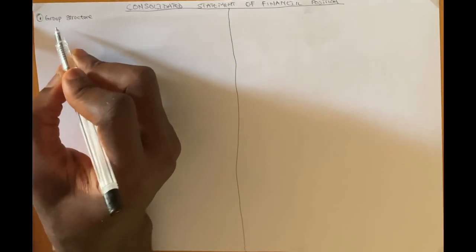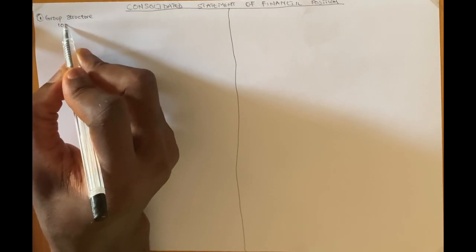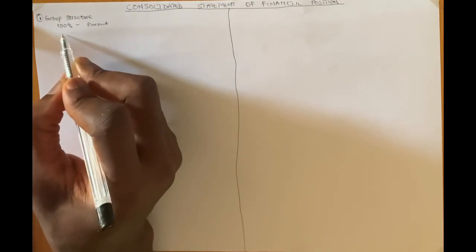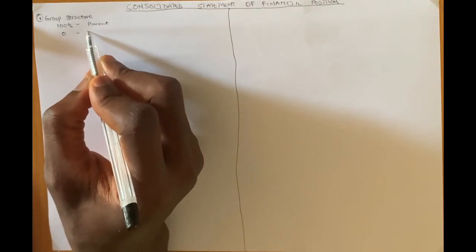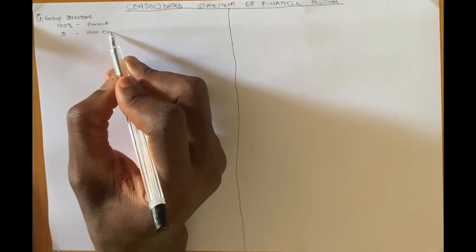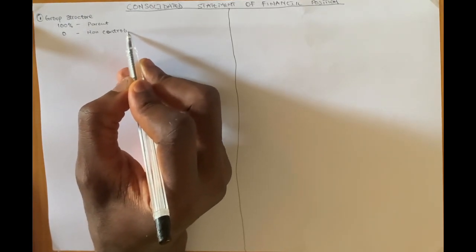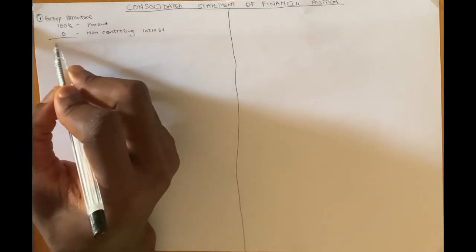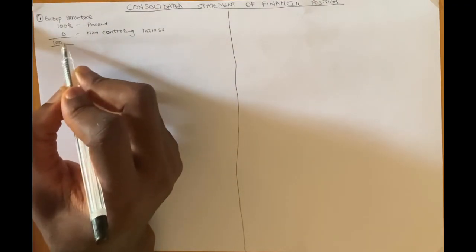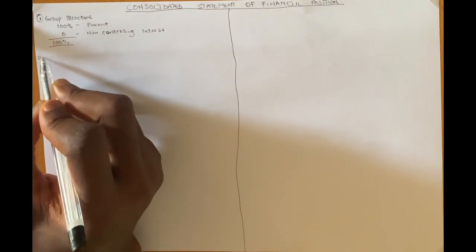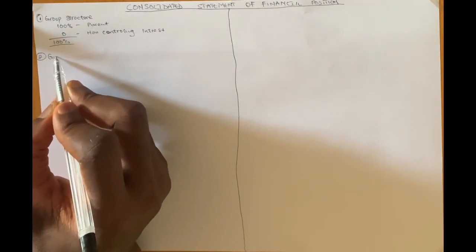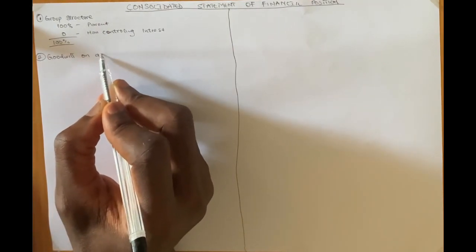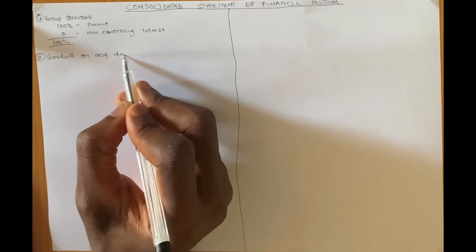We have the 100% for parents and 0% for our non-controlling interest. So number 2, we have the goodwill on acquisition date.